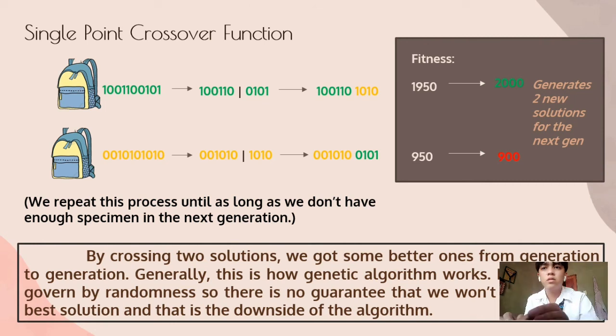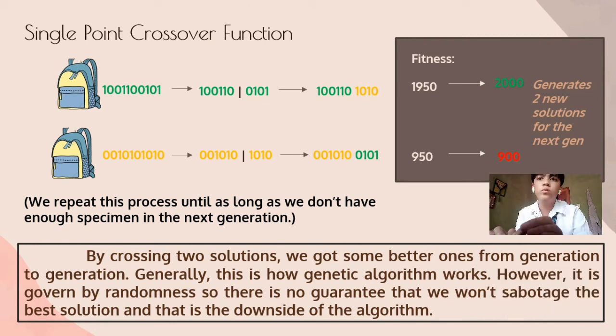By crossing two solutions, we get better ones across generations. Generally, this is how the genetic algorithm works. However, it is governed by randomness, so there is no guarantee that you will get the best solution, and that is the downside of the algorithm. So that's all, guys, and thank you.